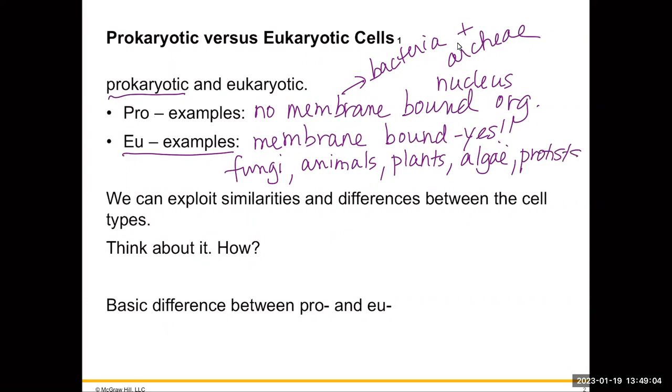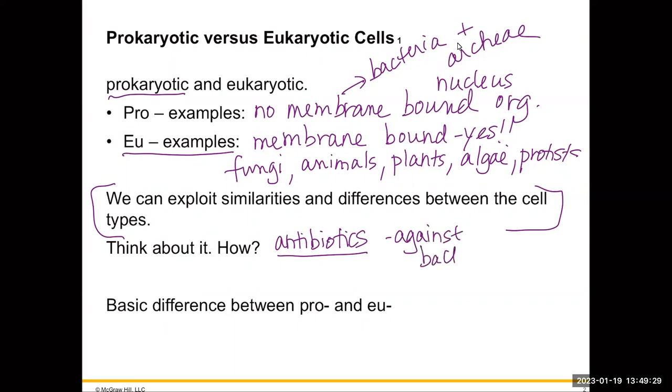Okay, now in treating disease, we can exploit similarities and differences between the different cell types. So some antibiotics, okay, these are effective against bacteria. Okay, they are effective against prokaryotes.